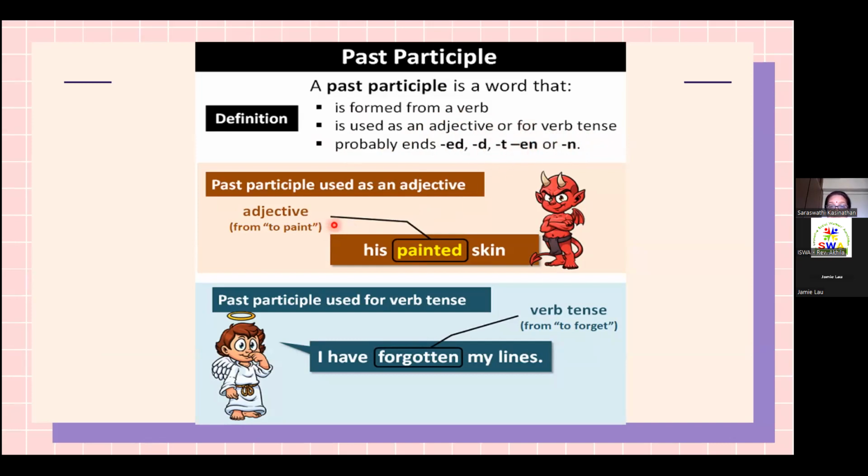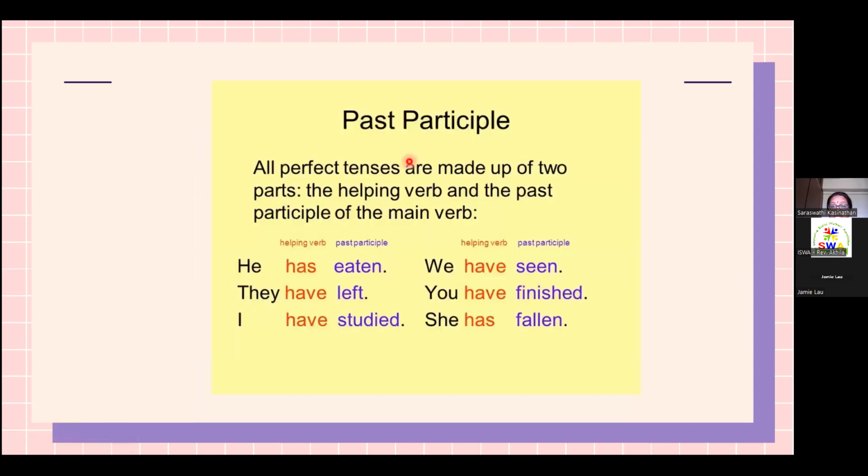Past participle can be used as an adjective, that means as a descriptive word. For example, painted skin means the skin was painted with some colors. Or it can be a verb tense. Past participle must always be made out of two parts: the helping verb and the past participle of the main verb.